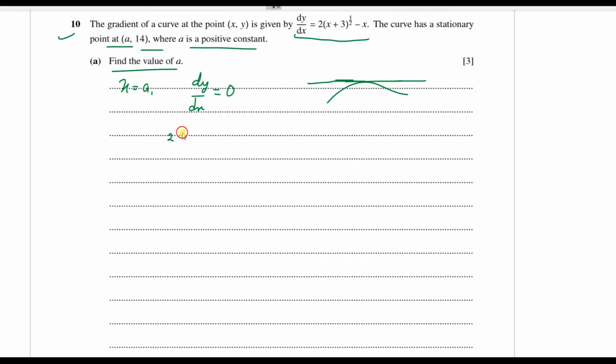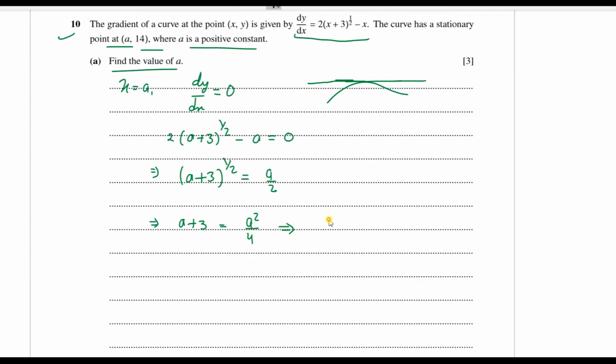That is 2 times (a plus 3) to the power half minus a is equal to 0. So you can write it as (a plus 3) to the power half is equal to a upon 2, and hence a plus 3 is equal to a squared over 4, or we can cross multiply by 4 and transfer it to one side.